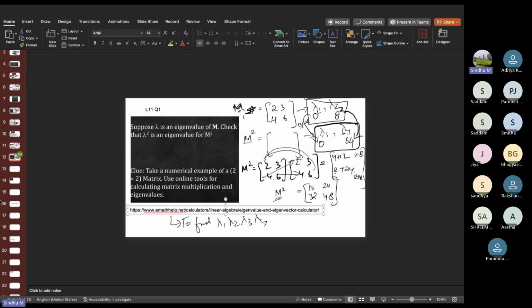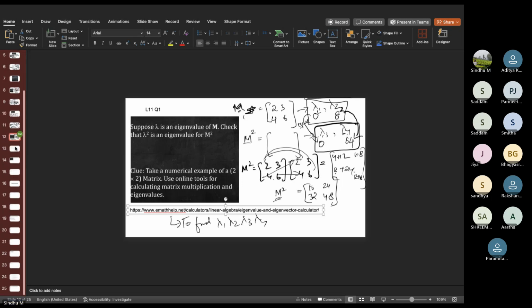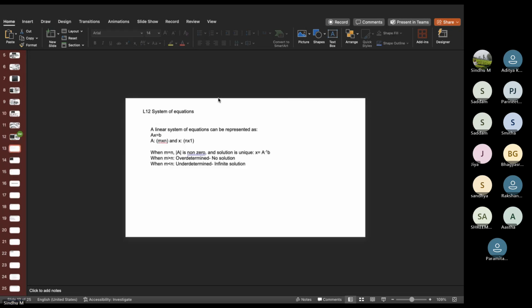So now let's go to the next week's. Next week we discussed solving a system of equations using matrices. I'm just explaining this with an example.